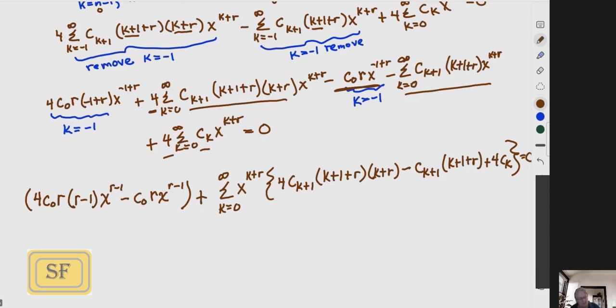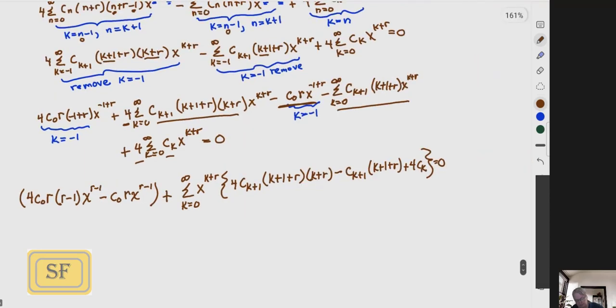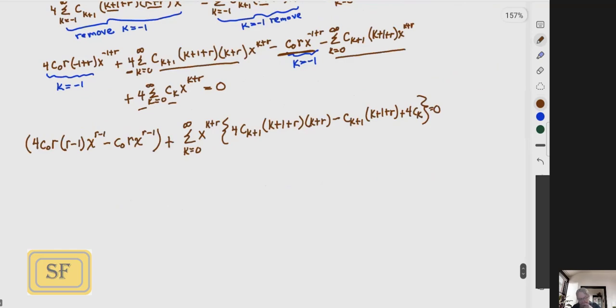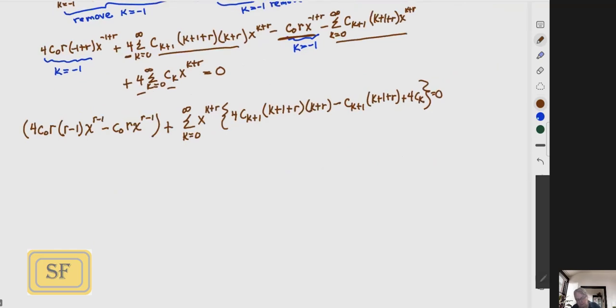Let's see what I can simplify. So from this term that I pulled out of the summation, I have a C0 and R and an x to the r minus 1 in common. I'm going to factor those out.